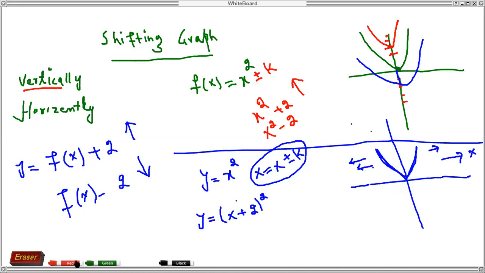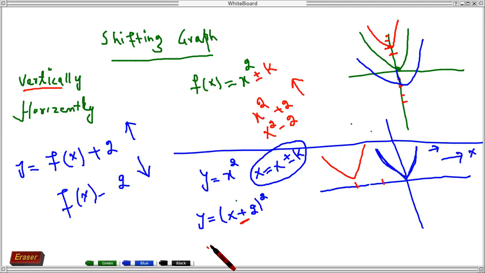So your graph will shift. Positive will shift on the negative x axis. So it will shift by units. For example, x plus 2, so it will shift 1 unit, 2 units. So the graph will start from here.